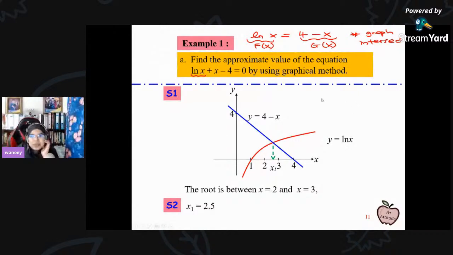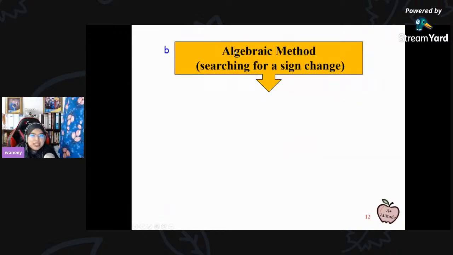Okay, so this is the graphical method. You sketch the graph, and based on where those two graphs intersect, we approximate our initial value. Okay, the second one, the algebraic method. What is the algebraic method? In the algebraic method, we are searching for a sign change.